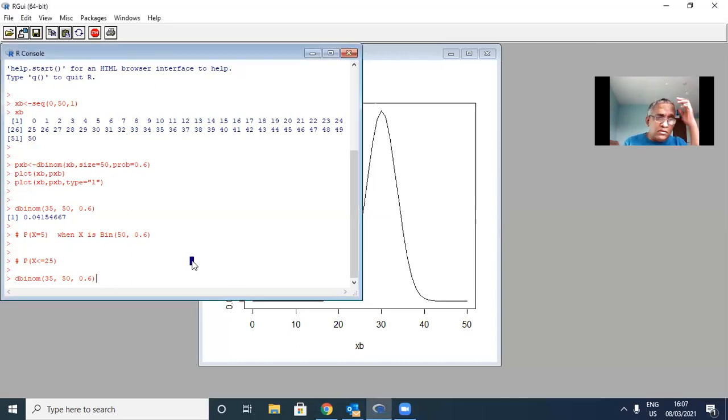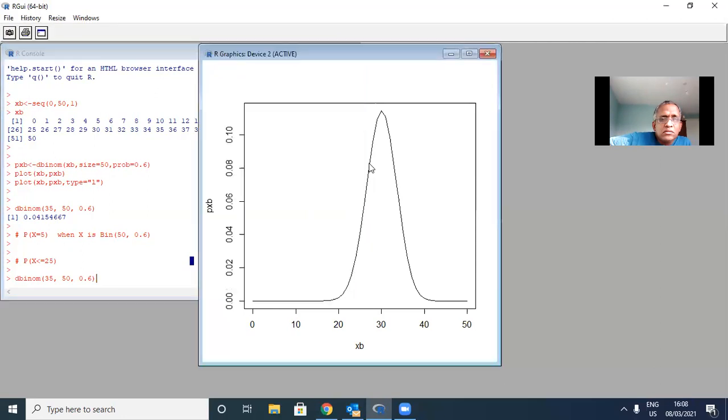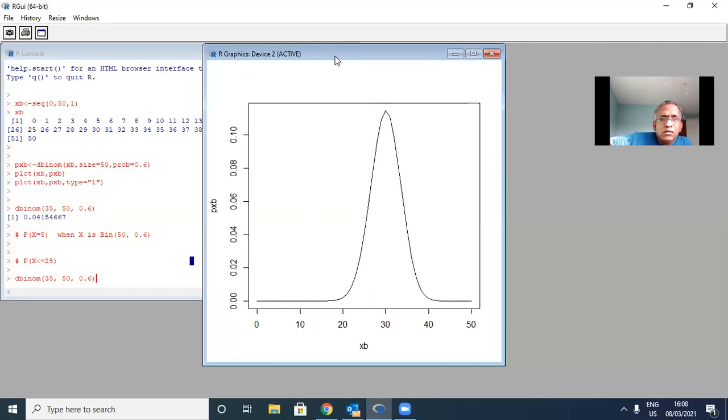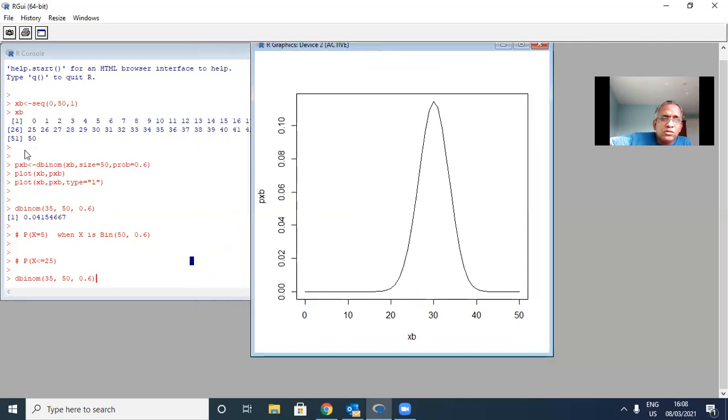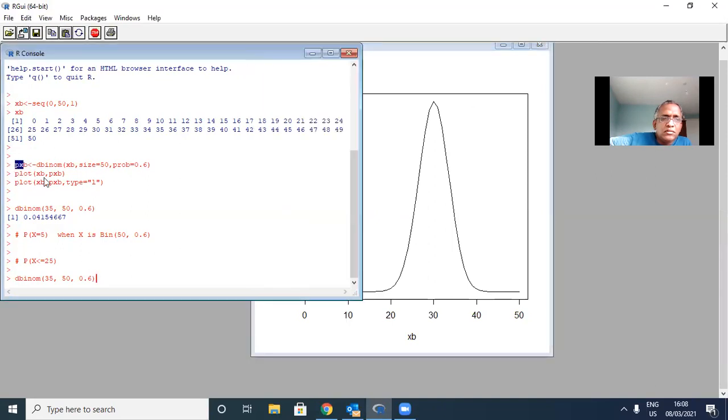Let me continue. What I was doing so far is that I was in this part. I did a plot of the PMF of the binomial distribution using these three commands.